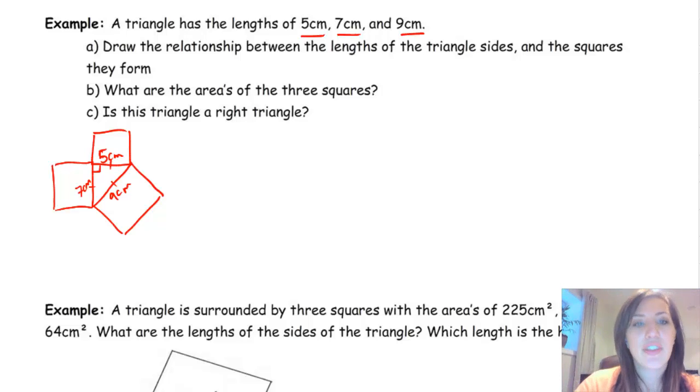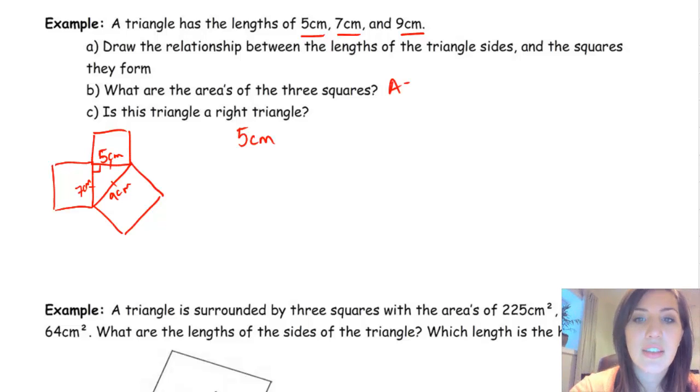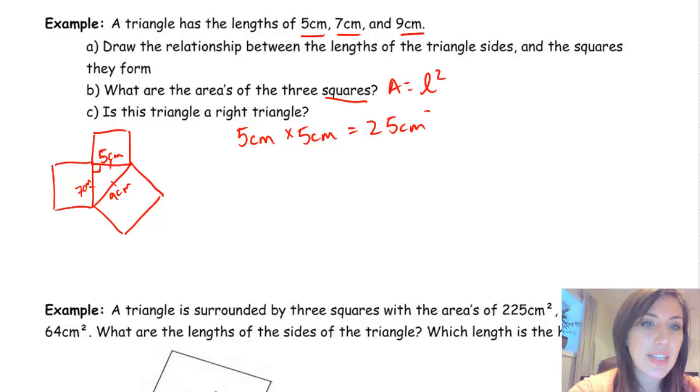What are the areas of the three squares? Okay, well the area is just length squared because they're squares. So if it's squares, it's length squared. If it's a rectangle, it's length times width, but we're dealing with squares this chapter. So 5 centimeters times 5 centimeters equals 25 centimeters squared. So that's the area of this square.